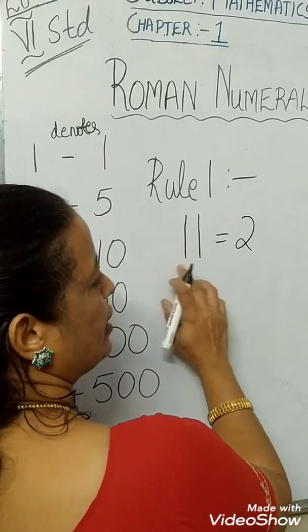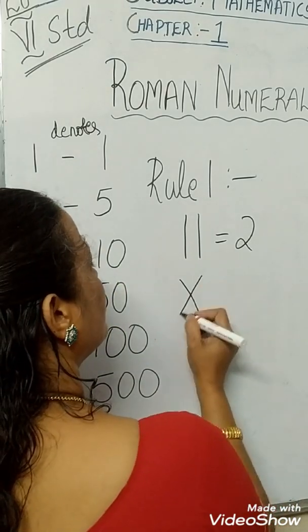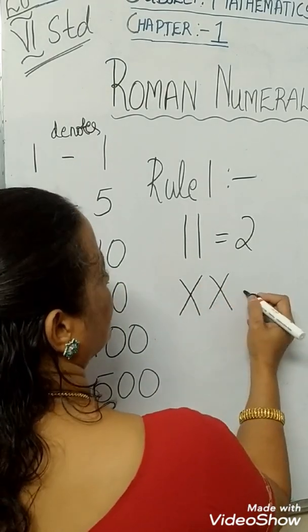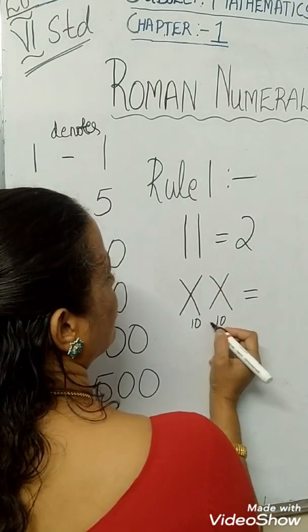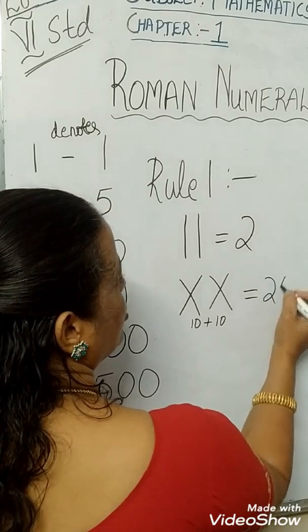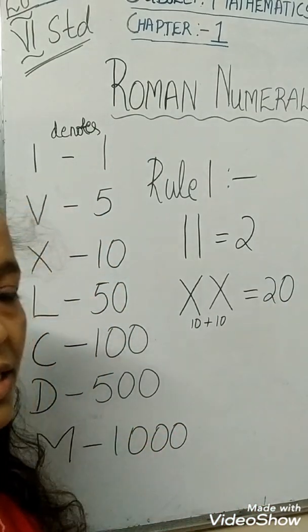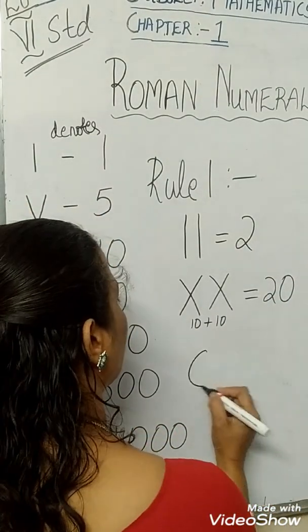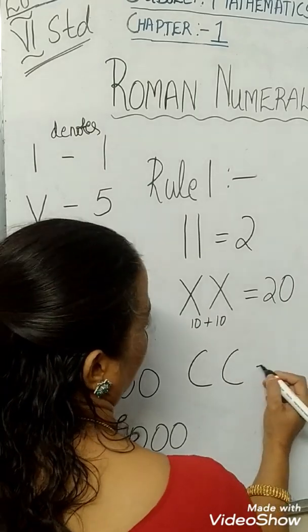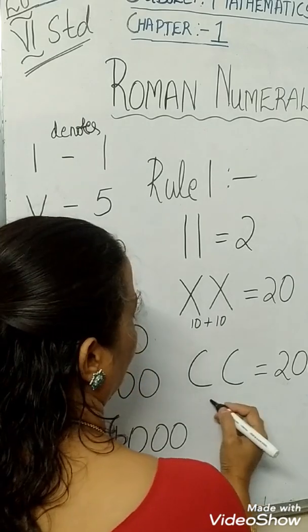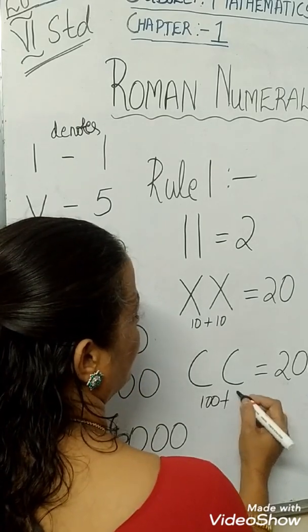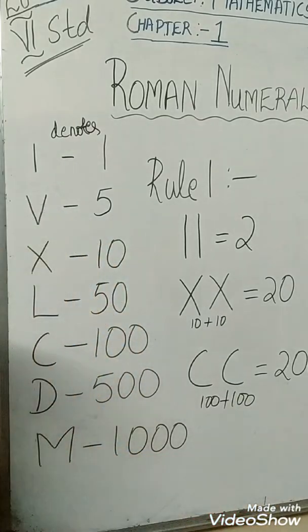That is, it is added up. Similarly, if you see X and X, the value of X is 10, here also 10, so it gets added up. So, it is 20. Similarly, another example: CC is 200, that is, 100 plus 100 is 200.